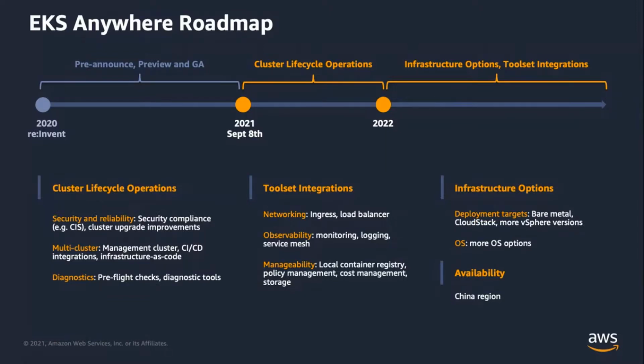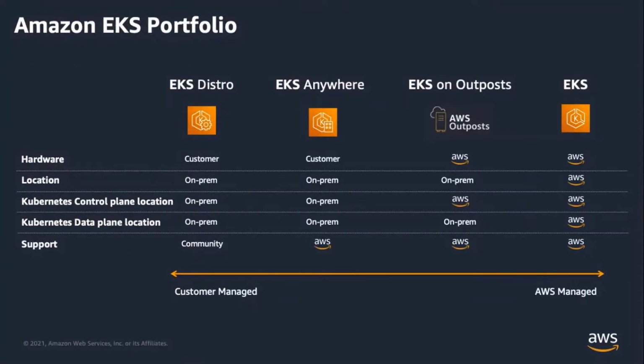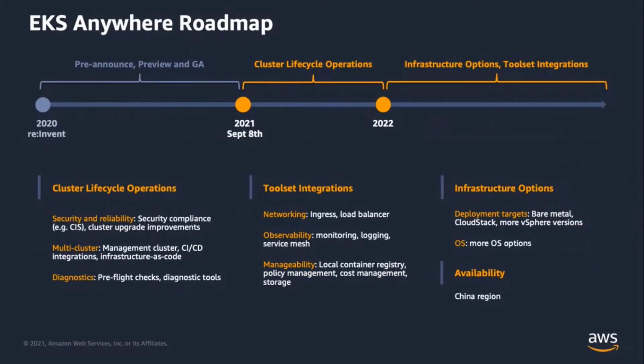Entering next year, 2022, we will release more toolset integration, starting with networking, adding the much needed ingress controller and load balancer. Following that, we'll add more tools for observability as well as manageability.